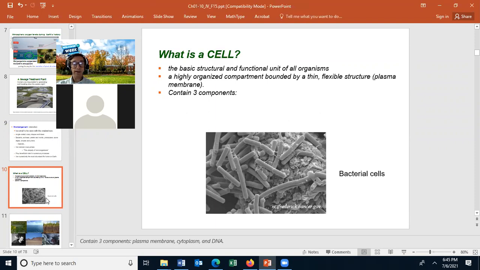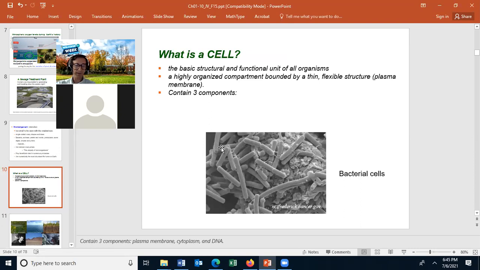Cells are a highly organized compartment. They're bounded by a thin, flexible structure that we call the plasma membrane or the cell membrane. And all cells contain 3 components. They contain the plasma membrane, obviously. They contain the cytoplasm, and that's the liquid portion inside the cell other than the nucleus, and prokaryotes don't have a nucleus.